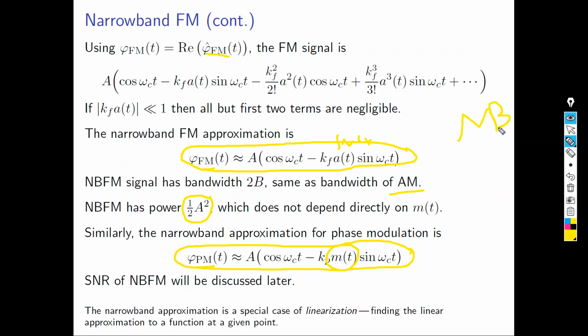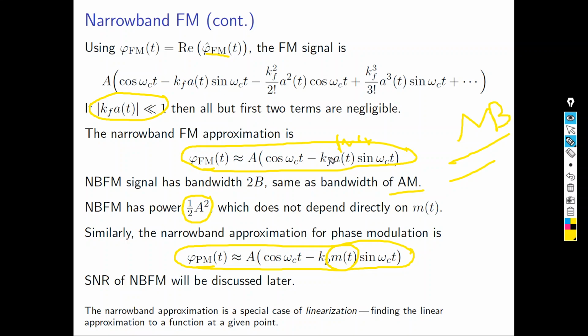Narrowband, don't forget this. When I say narrowband, this means that this condition is satisfied and I can simplify this long equation into these two terms only. And this is for frequency modulation, where the modulated signal is changing with the integration of the message, a of t.